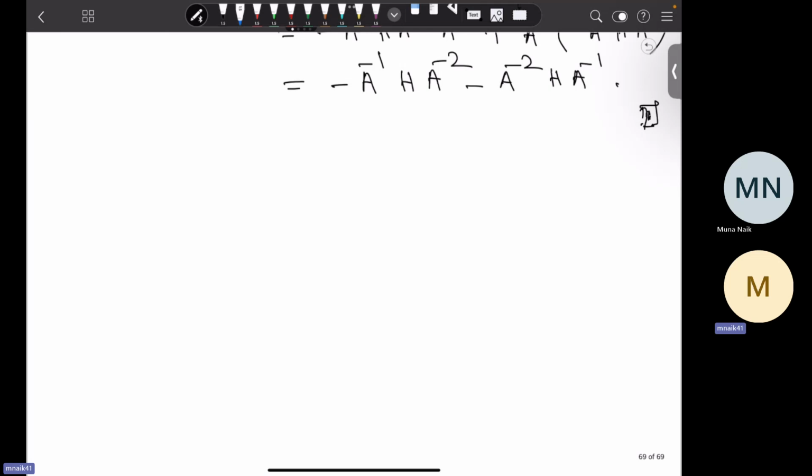Now I want to give some definition. We'll study those things in great detail, but let me define the new definition. Let f be a function.